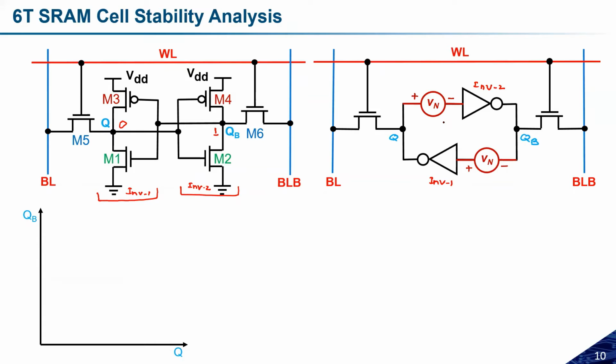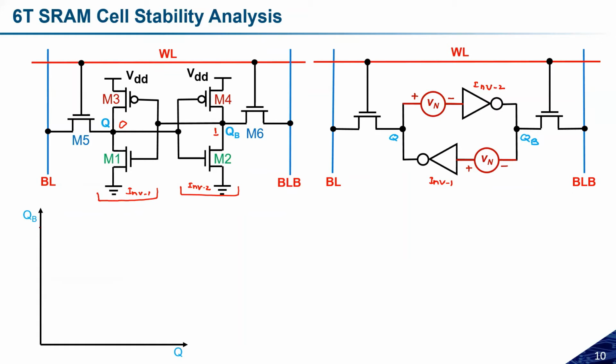If the noise Vn is increasing, initially the Q was at logic 0. So if the input is changing, like Vn will change. If Q is equal to 0, it means QB is at high logic, so it will act like an inverter.